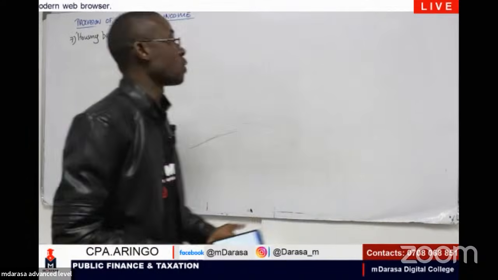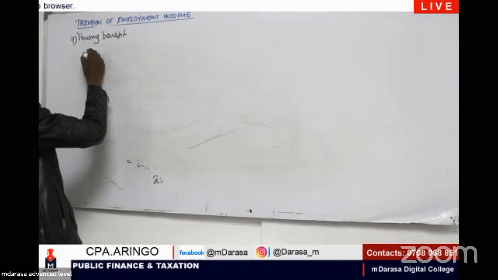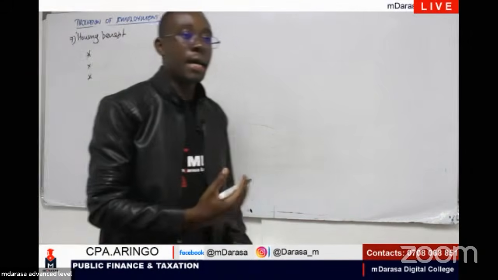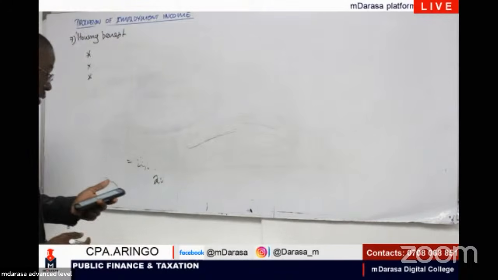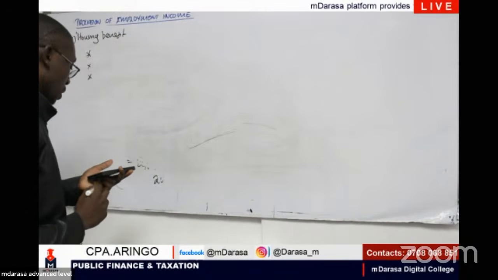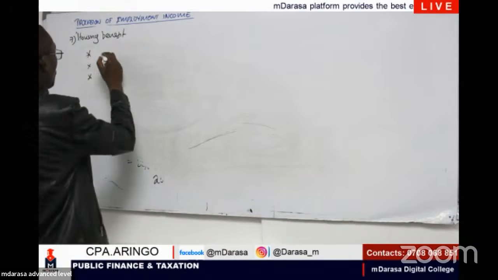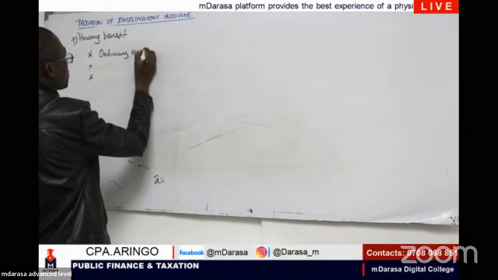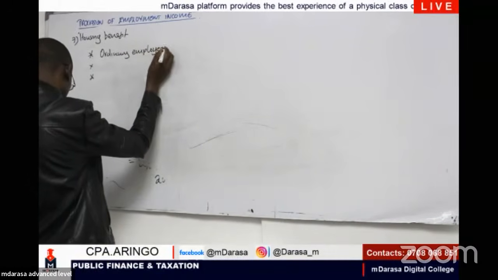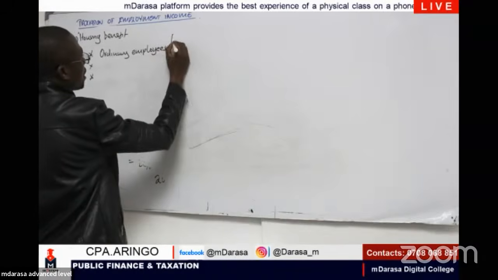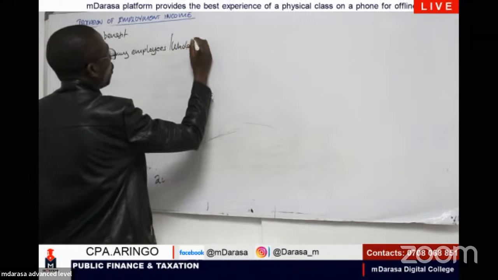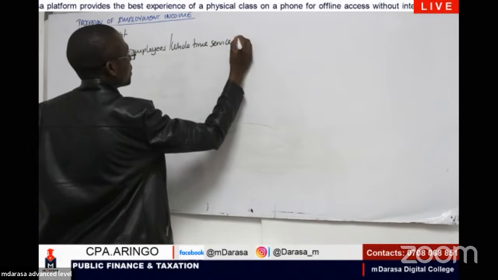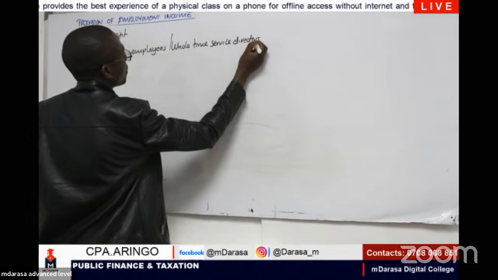For housing benefit, we are going to categorize our employees as follows, and this will always be our guiding map. Number 1, ordinary employees, whom we also refer to as full-time service directors.